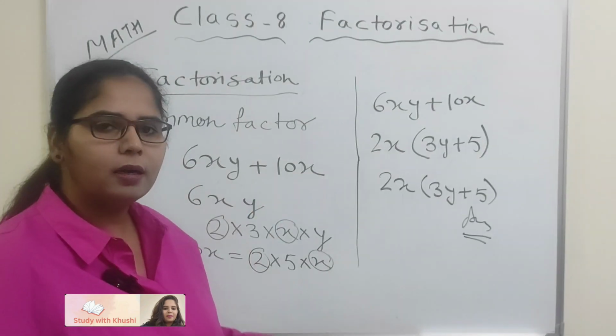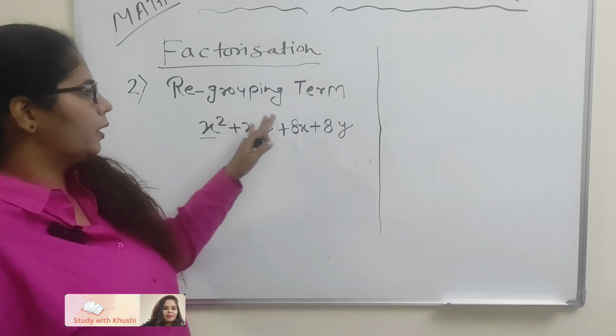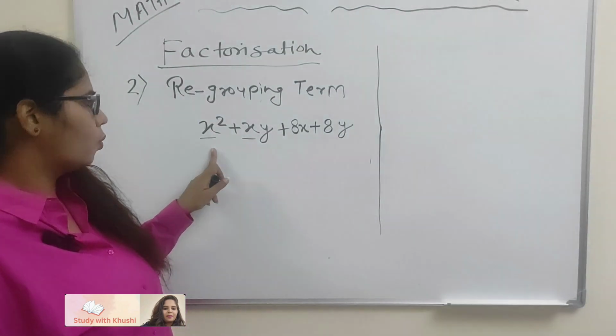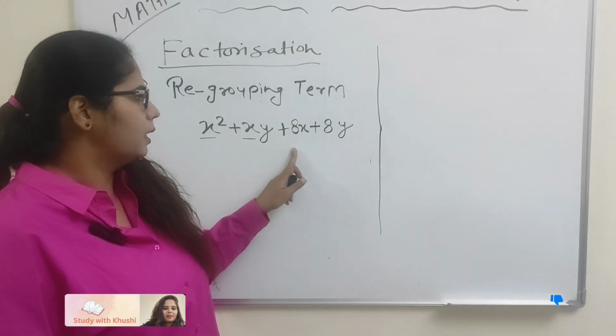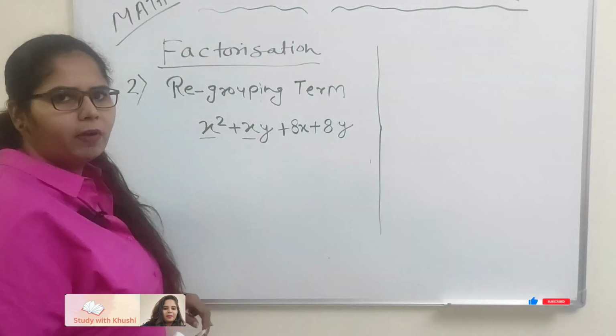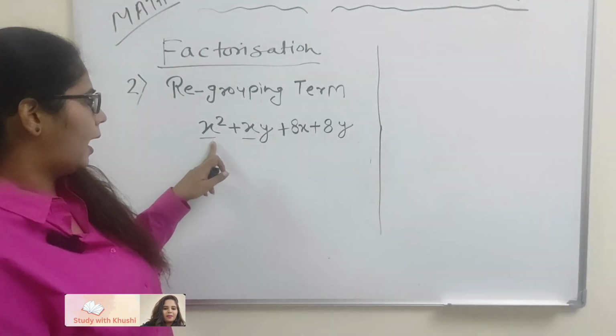Now we will see the next factorization method. Our second method is regrouping terms. Suppose I have to find the factors of s square plus xy plus 8s plus 8y by using regrouping. Regrouping terms means you have to make groups of the terms.